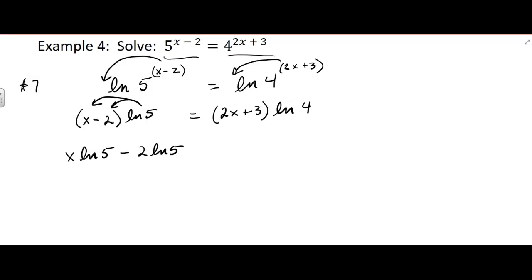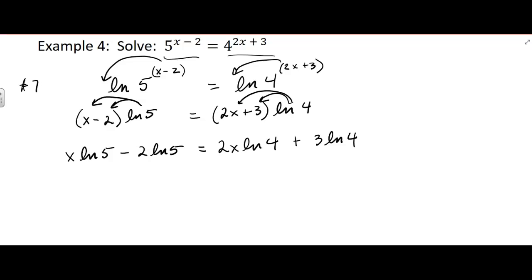Well, it's kind of the same thing here, only it's a log. Okay, so we're going to bring this on in. Now, I'm going to write it as 2x natural log 4, but I might want to rearrange that, but it's okay. I usually write it that way. Plus, and then we're distributing here, 3 natural log 4.